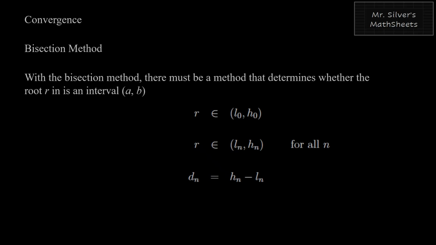And the difference between the high and the low estimate is going down by a factor of 2. That defines the bisection method. We cut the interval in half each time. And we'll use the midpoint as the estimate of x.